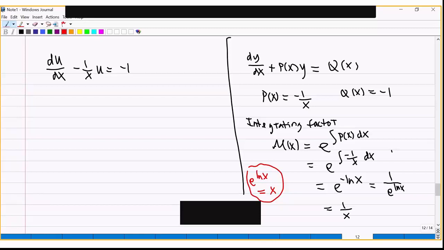So now I get this integrating factor. Then what next is to multiply both sides by the integrating factor, so multiply by 1 over x.